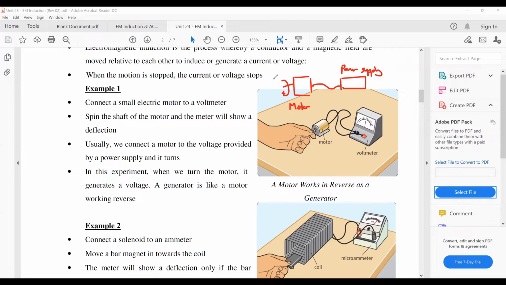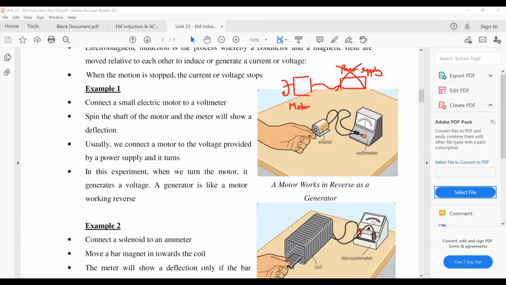But what if this time you don't connect your motor to your power supply, instead you connect it to a voltmeter, and then you manually turn the motor? You will notice that as you manually turn the motor, you cause the voltmeter to deflect, indicating the presence of voltage generated.